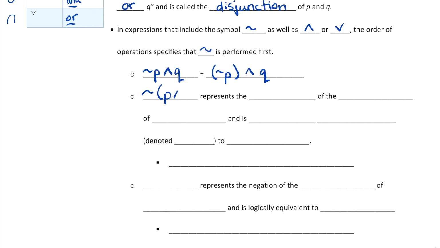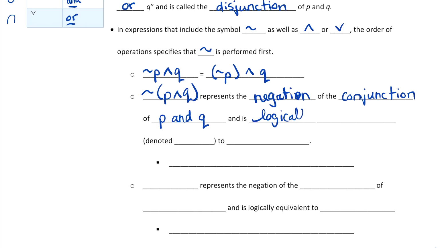So if we have something like this, this represents the negation of the conjunction of P and Q. It turns out that this is logically equivalent, and we denote that with 3 horizontal bars that are parallel.